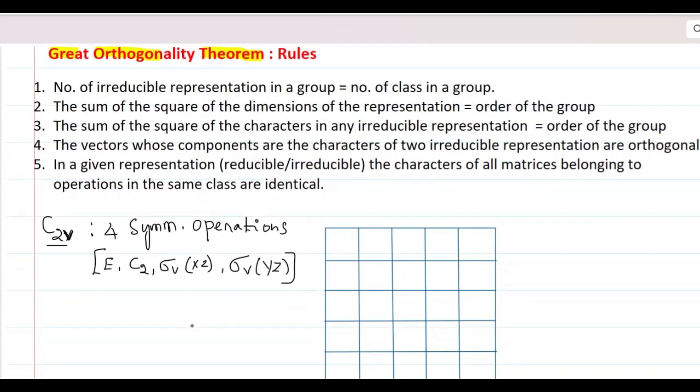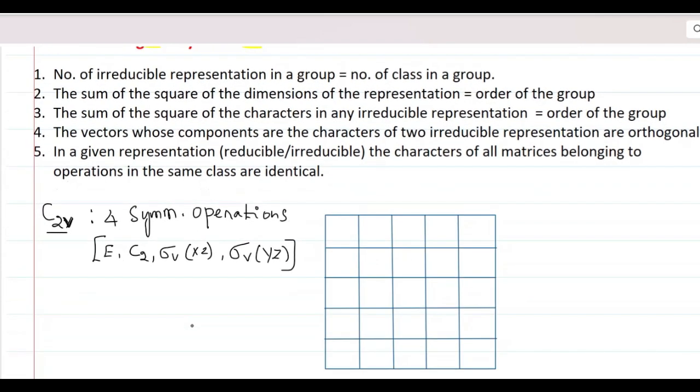Now let us go ahead with the construction of the character table step by step. The first step, according to rule 1: the number of irreducible representations will be equal to the number of classes in a group.